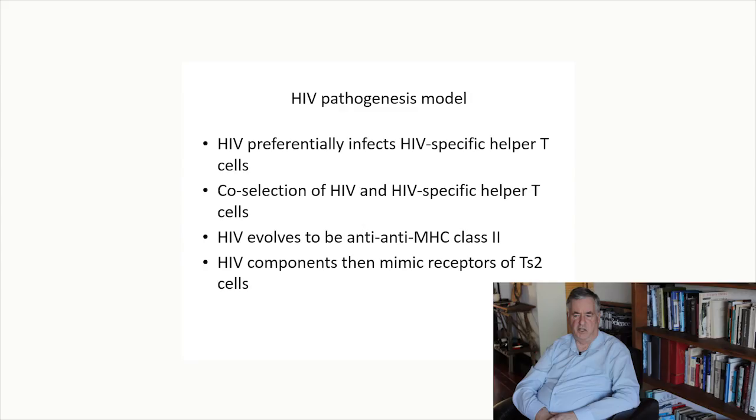Okay, so our HIV pathogenesis model is that HIV preferentially infects HIV-specific helper T cells. This co-selection of HIV and HIV-specific helper T cells. HIV evolves to be anti-MHC class II, and HIV components that mimic the receptors of TS2 are selected.